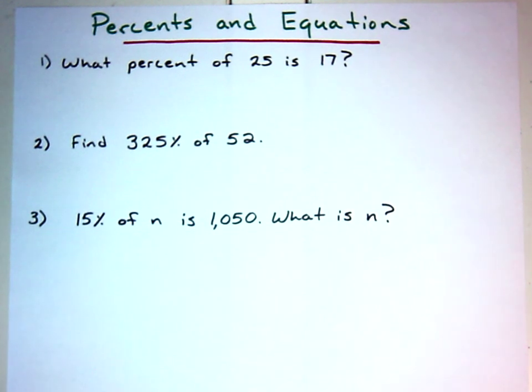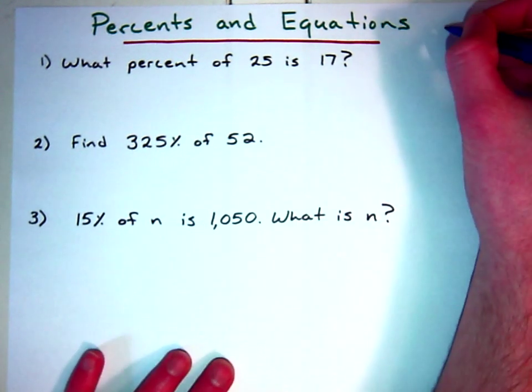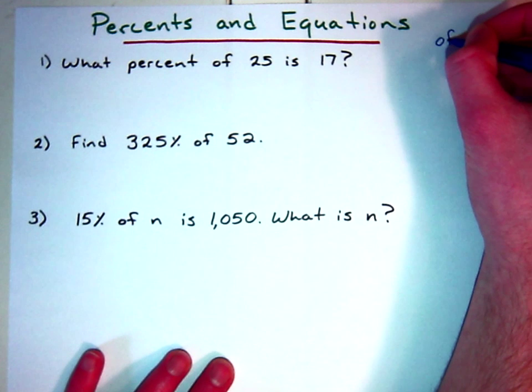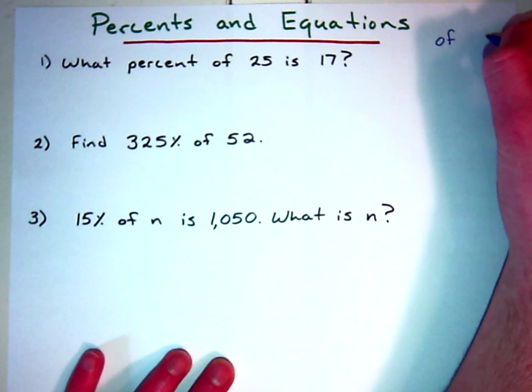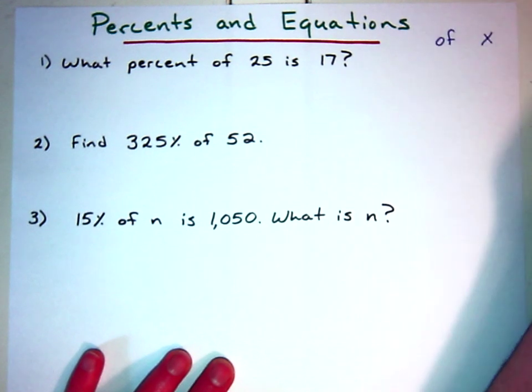Because we're very much into learning a lot of different avenues, and understanding a lot of different skills for these different problems, okay? So, how we would do this is, well, I'm going to give you a little hint. Of is going to mean multiplication, okay?